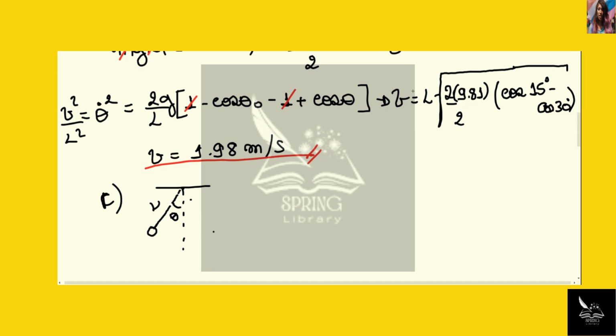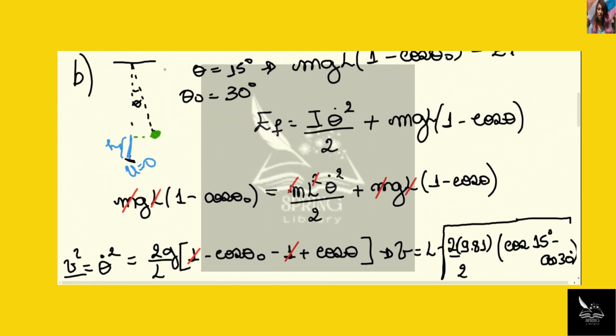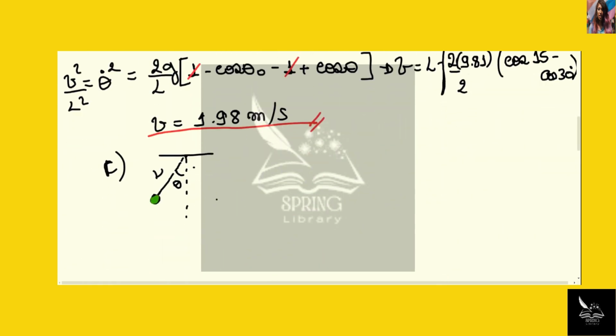So you can notice that since the angle with respect to the vertical axis is the same, no matter if you're looking to the left or to the right, the answer is also going to be the same as the one that we calculated in question B, because theta here is 15 degrees. So no matter if it is left or right, if it's the same angle with respect to the vertical, the answer is going to be the same. So v here is 1.98 meters per second again.